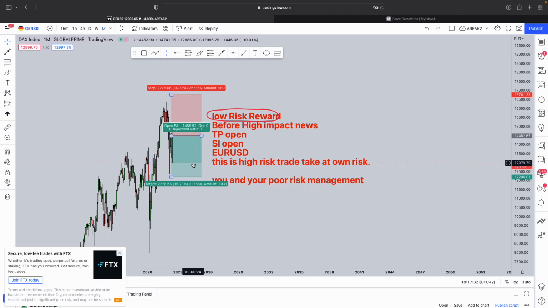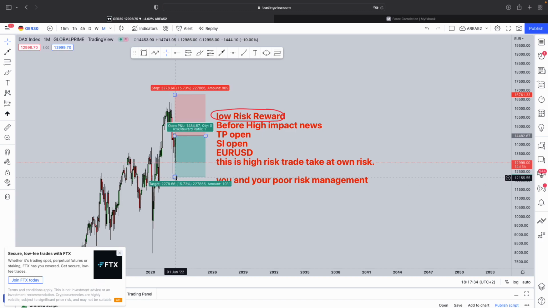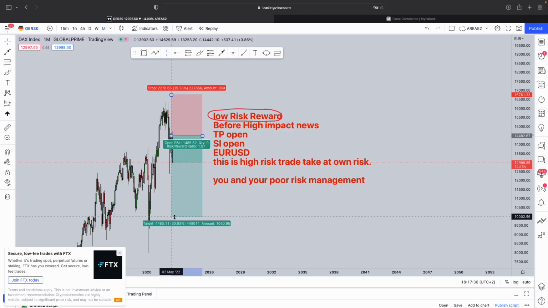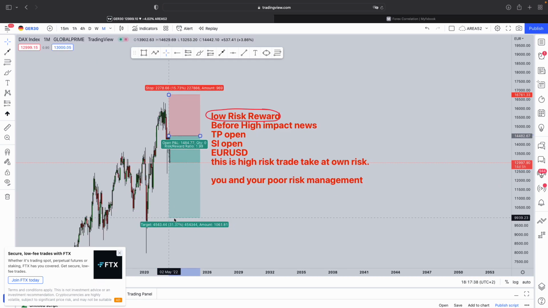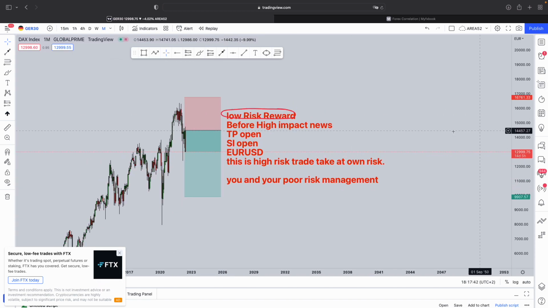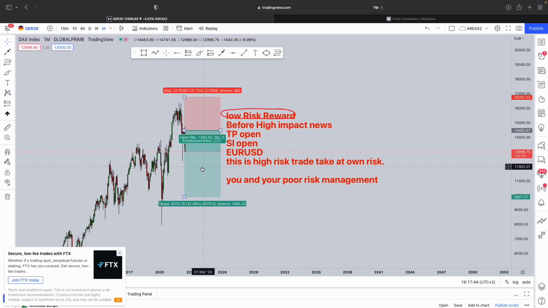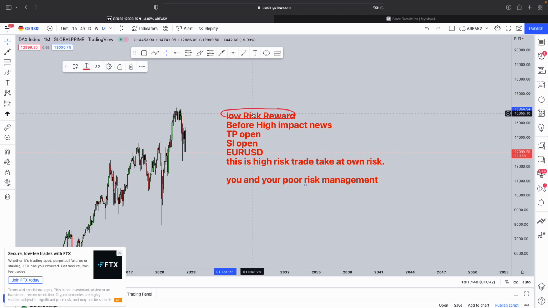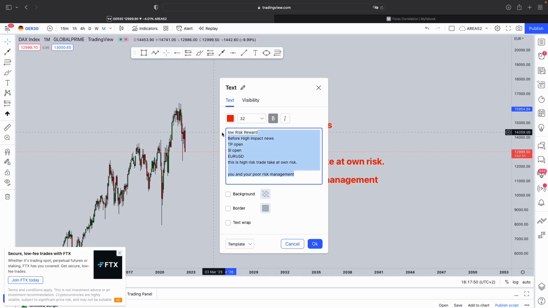You ultimately want to stay away from a 1-to-1. You do, however, want to be with people that trade a 1-to-2 risk to reward, because what that means is you're risking 1% to make 2%. So that's number one. You want to stay away from people that have a low risk to reward.